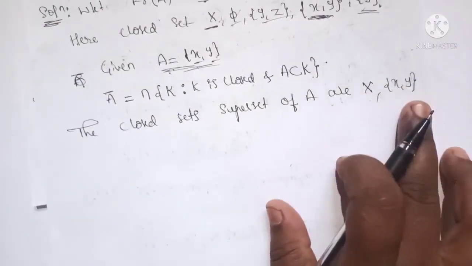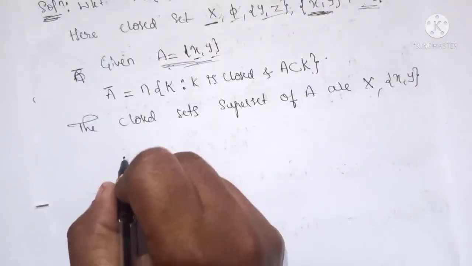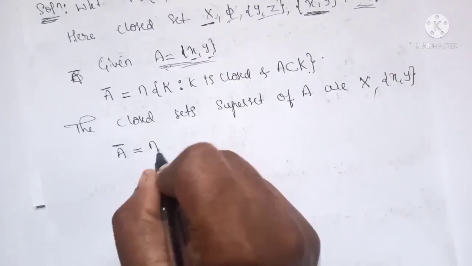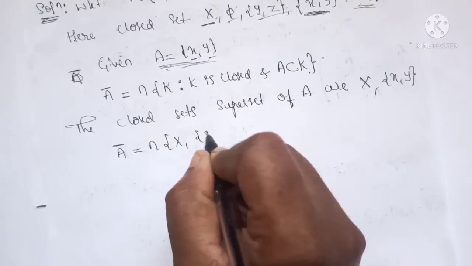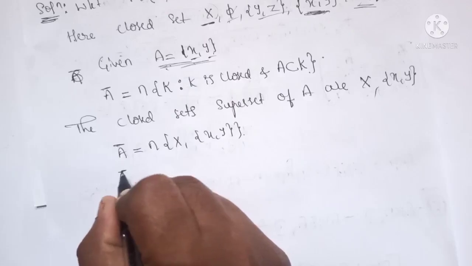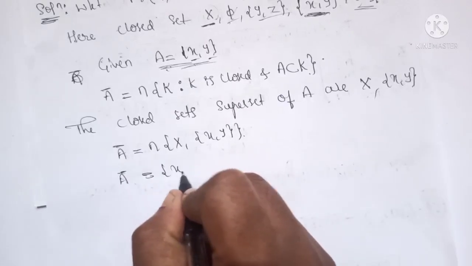Now we consider the intersection of these closed sets. Therefore A closure is the intersection of X and {x, y}.